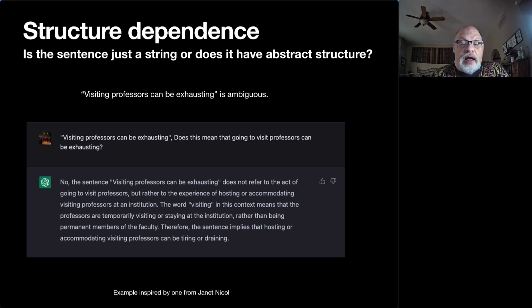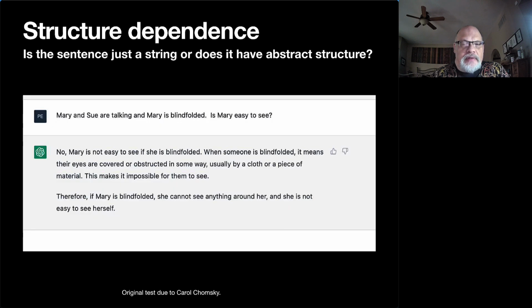Therefore, this sentence implies that hosting or accommodating visiting professors can be tiring or draining. That's one of the two meanings, but it denies the existence of the other meaning, which I think is just as equally salient. This example came from Janet Nickel. The previous example came from David Pesetsky.